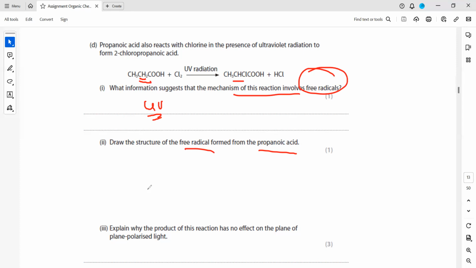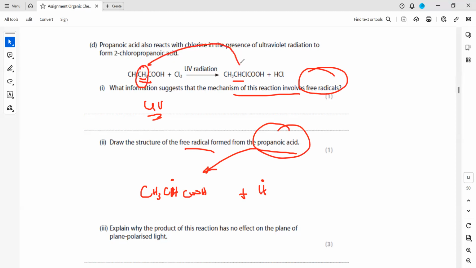So this will break down into CH3, CH, COOH radical plus H radical. But we just need the radical formed from propanoic acid. How do we identify that this one should break down? Because when you check the product, only 1 hydrogen is there and the chlorine is added. So one of the hydrogens is being removed, and it must form a free radical in this manner.